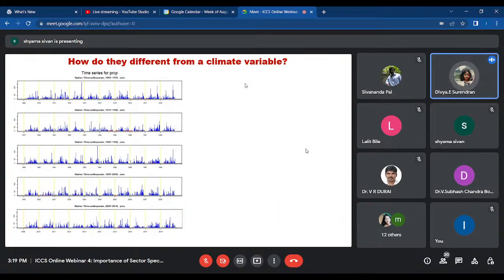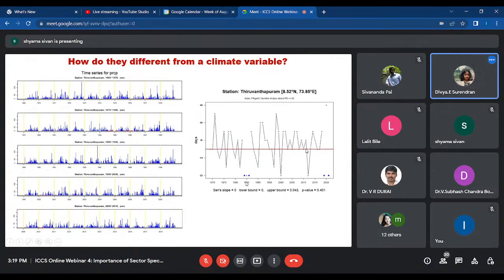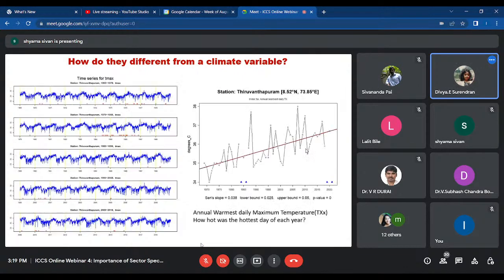So here we can see, Shama, just go back. Here we can see the maximum temperature is increasing, and this increase is significant because the statistics, the p-value, is also given here.